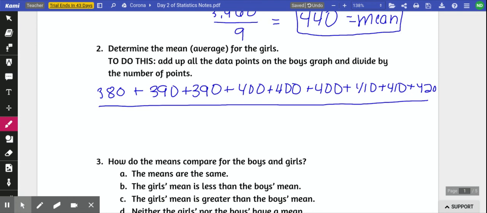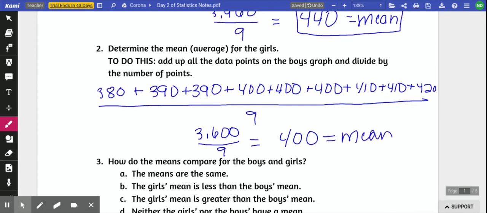Okay, and then again, there were 9 runners, so I'm dividing all of that by 9. When I add up all of the data points, I should get 3,600, and again, I'm dividing that by 9. When I divide by 9, I should get 400. So my mean for the girls should be 400 seconds to be exact.